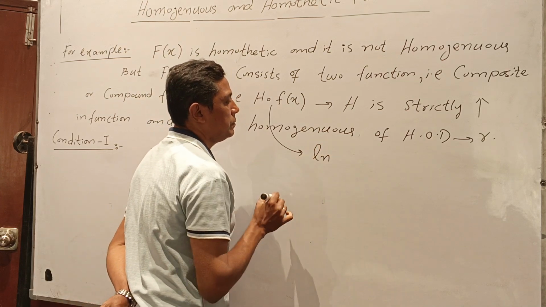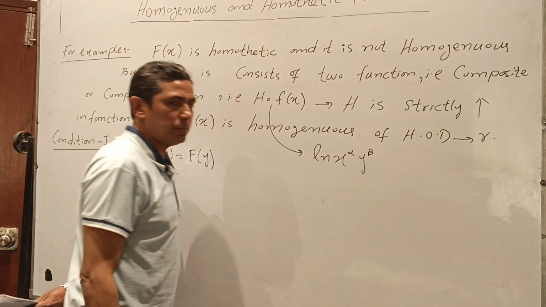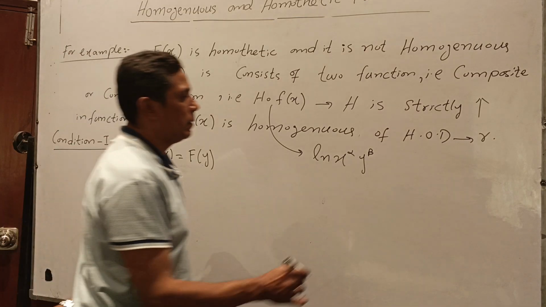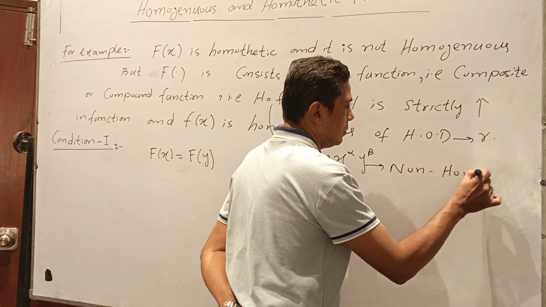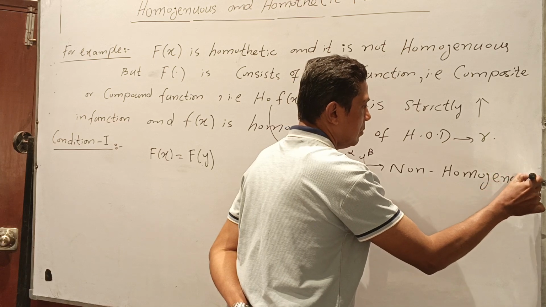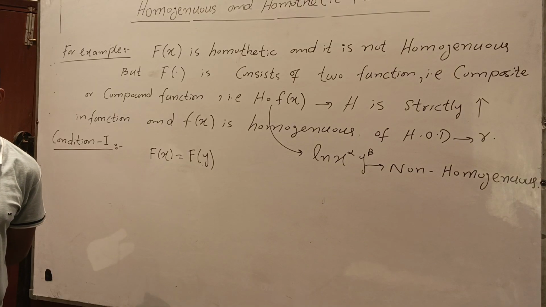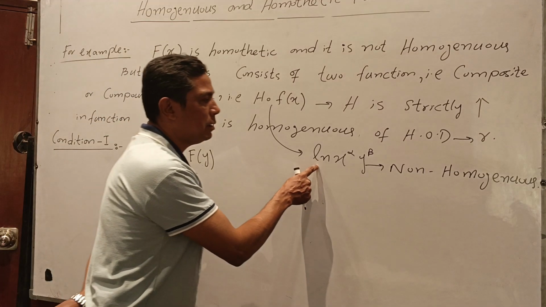Now the ln of x to the alpha and y to the beta. Clear? So it is not a HOD function. It is non-homogeneous. Why can you not factor out lambda here? Clear? Because of ln. But what about the ln?